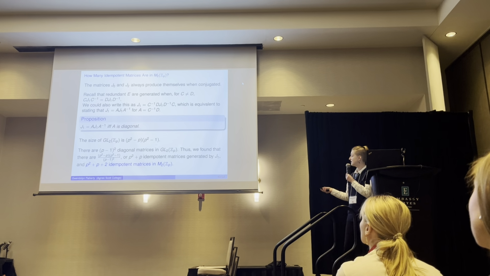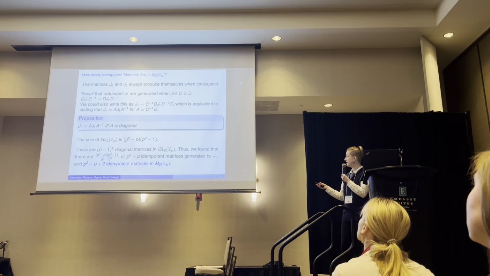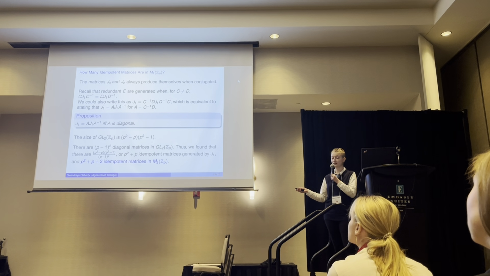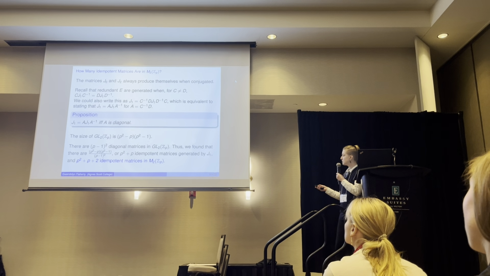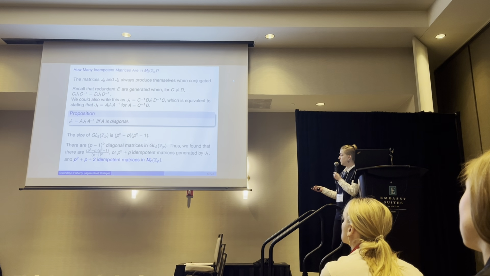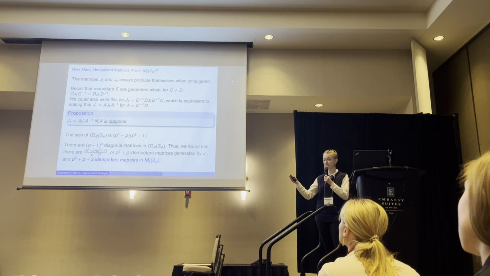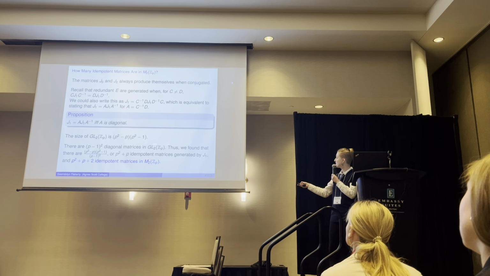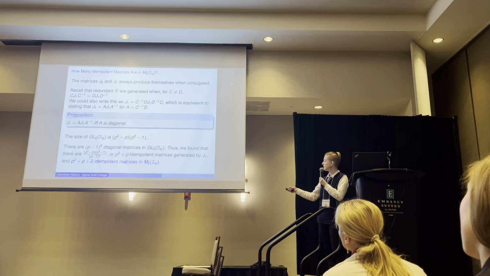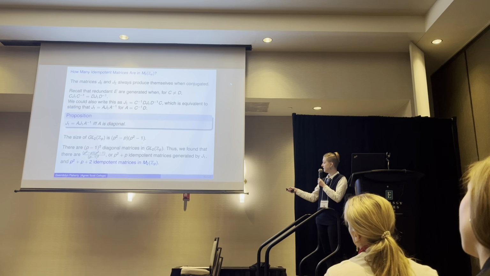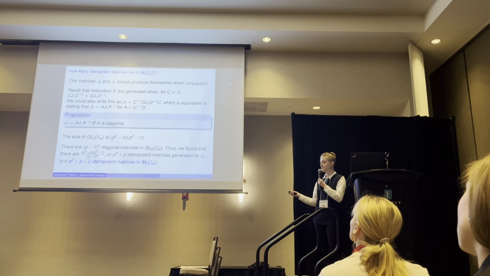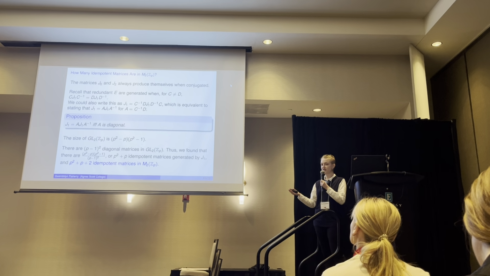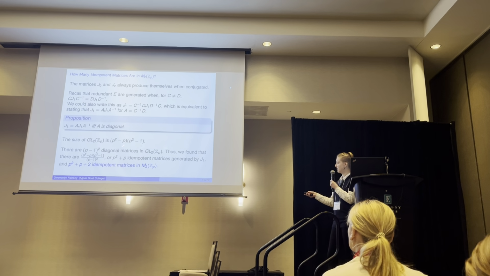And I found that A conjugates J1 to produce J1 if and only if A is diagonal. So the size of our general linear group, which is where we get all these invertible matrices that we can conjugate J1 with from, is right here. And there are p-1 squared diagonal matrices in this general linear group, because if either one of the diagonal entries were 0, it would be a singular matrix and would not be in the general linear group.